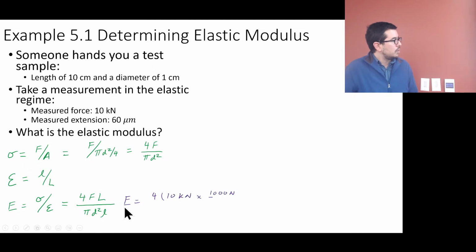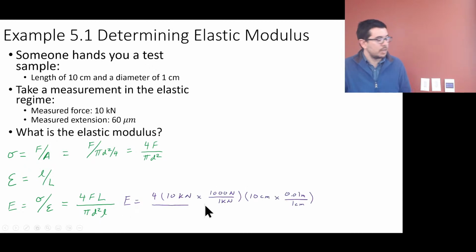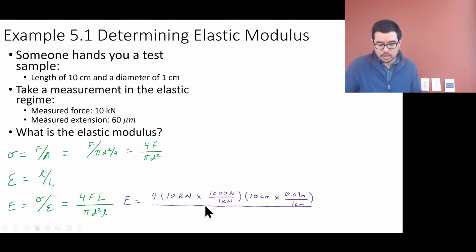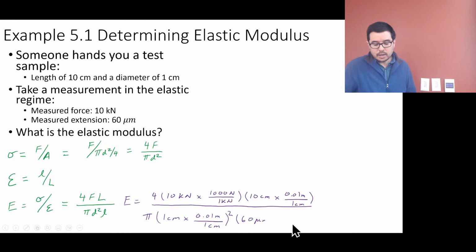And then, if you write it all out and you're careful with the dimensional analysis, which I understand is frustrating, okay? And it takes a little bit of space, okay? But 10 kilonewtons is 10,000 newtons. A centimeter, right, is 0.01 meters.